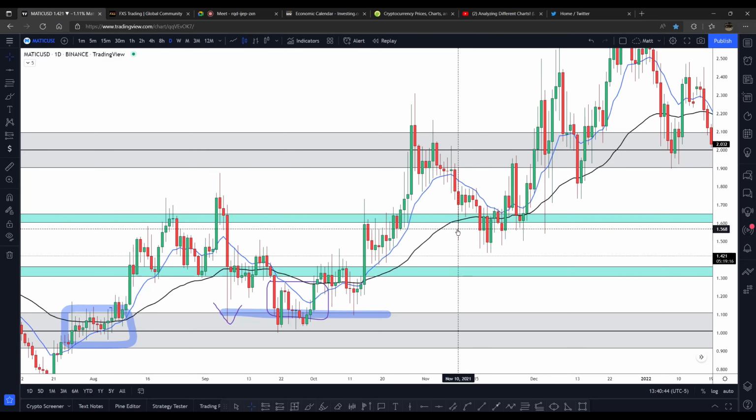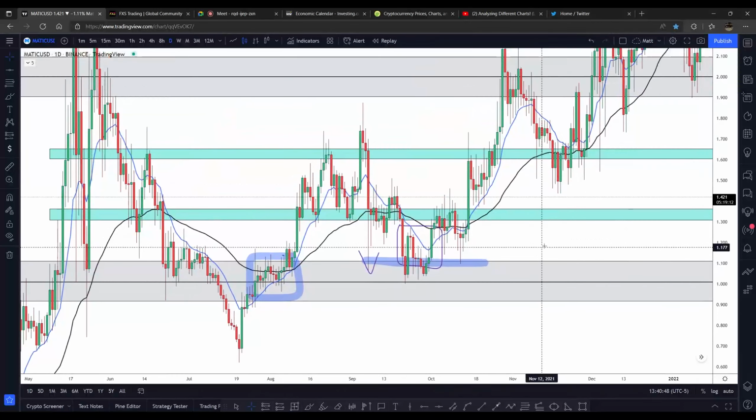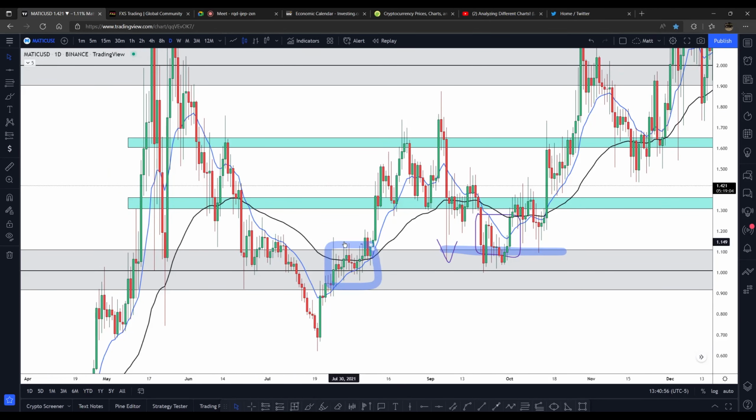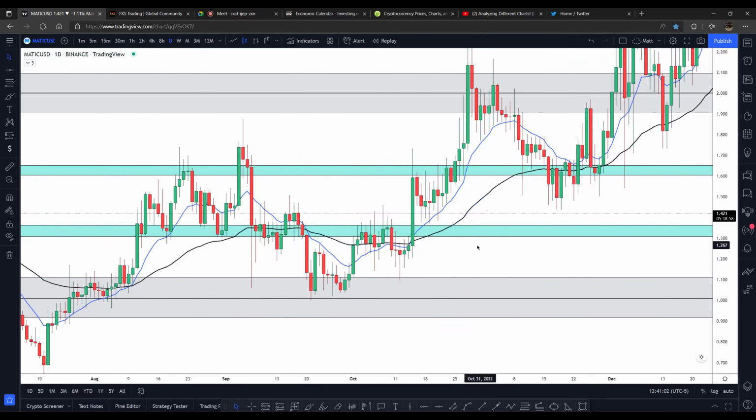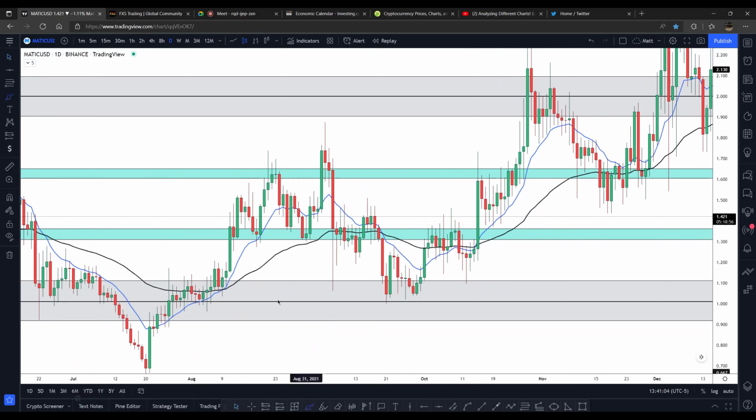So yeah, roughly every 25, maybe roughly every 30 cents. That's something interesting that you'll see. In this case, it's for MATIC. For another crypto that you look at, maybe something like Bitcoin, you'll see that it's every couple thousand dollars or so.